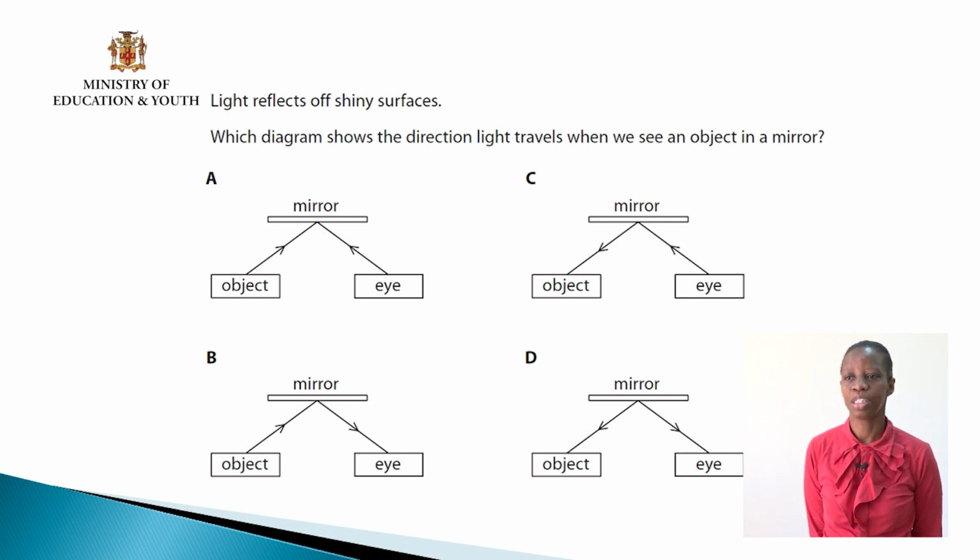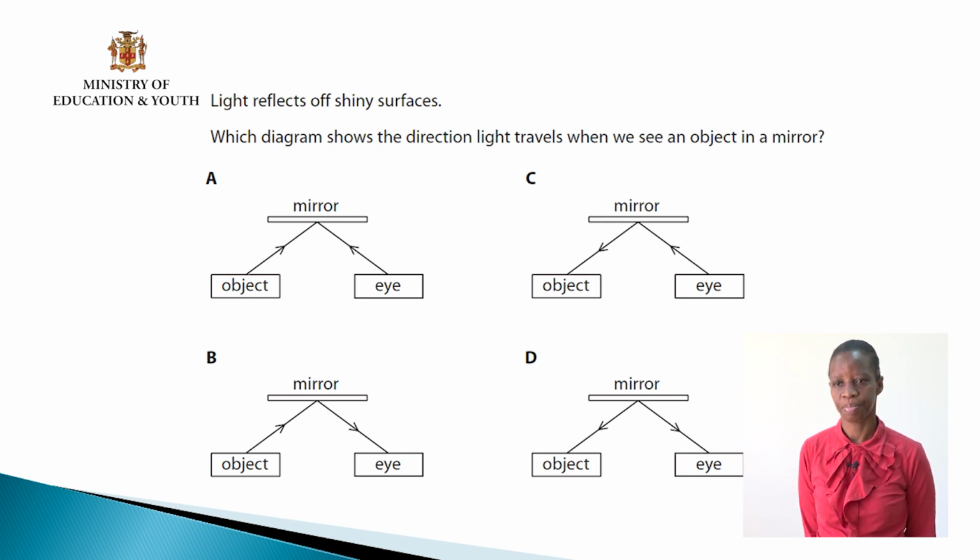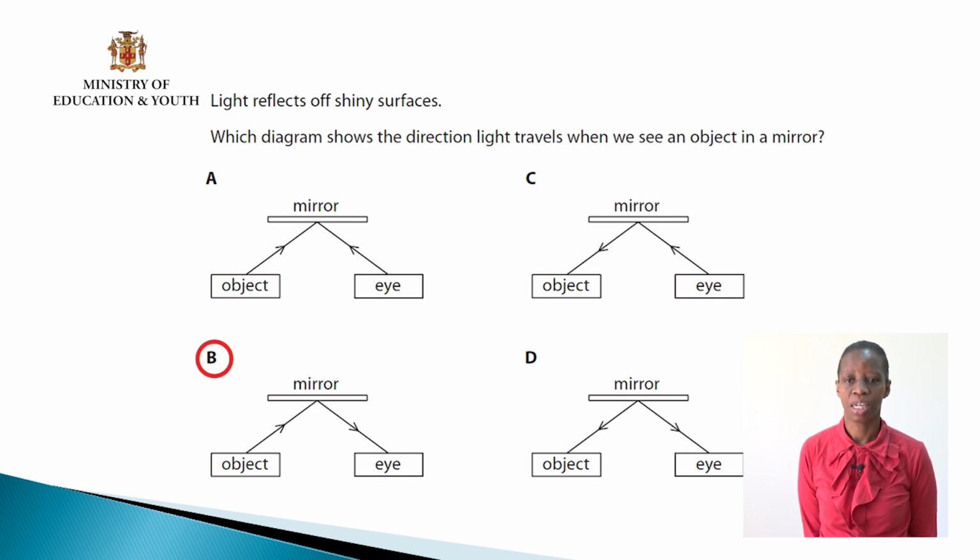All right, so what did you choose as your correct answer? You should have chosen B, because we're seeing the light reflected from the object first. That hits the mirror, and then, of course, we see that using our eyes. All right, so that is the correct path that it should take.